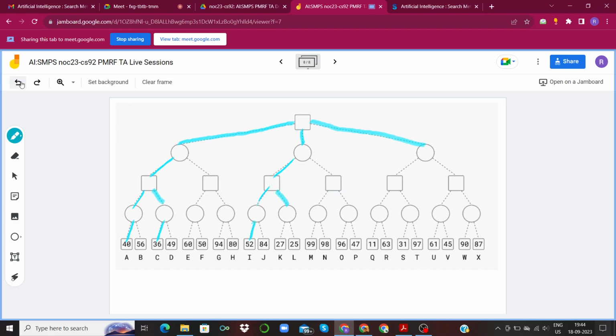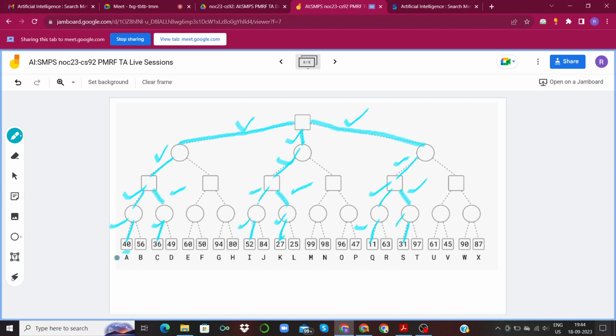Here you see that whenever you're considering a max node, you're considering all its children. But when you're considering a min node, you're considering only the leftmost child. So these will basically be a part of your initial cluster.